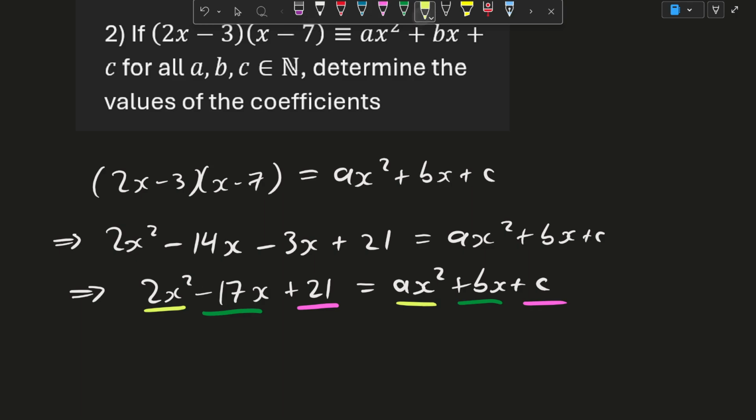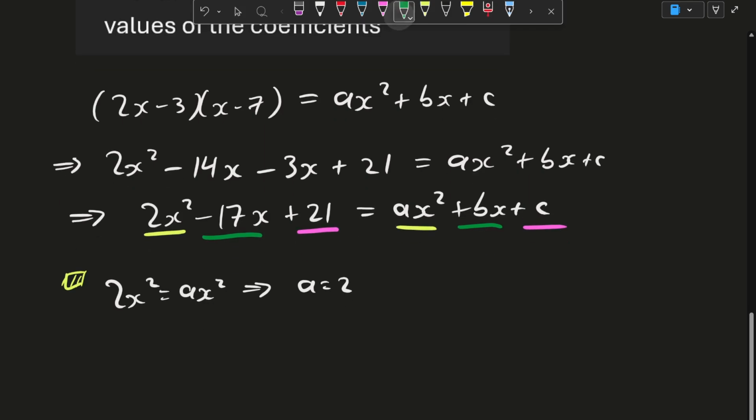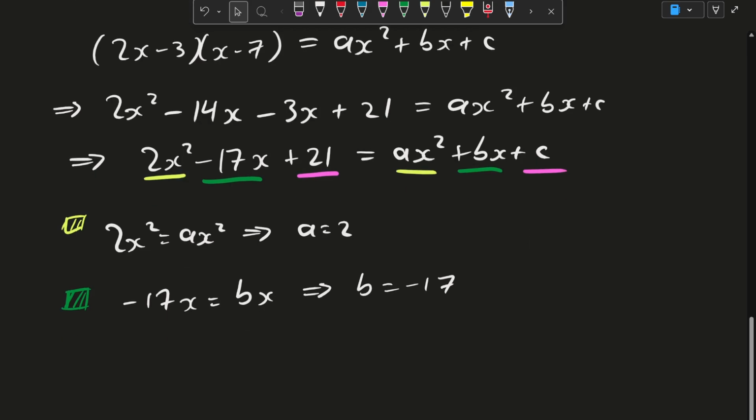So in order for them to be true, this might ring bells with algebraic division, but if the x squareds are the same, then 2x squared is the same as ax squared, so a is 2. If we compare the greens, we get negative 17x equals bx, so b is negative 17. And with the pink, well, we get immediately that c is 21.